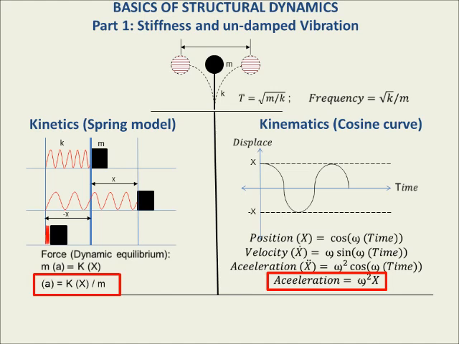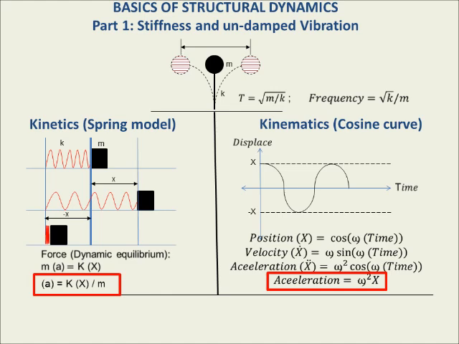Okay, now we have, in terms of kinetics, an equation that says the acceleration is equal to k times x over m, where k is the stiffness, x is the position, the stretched out position, and m is the mass. And on the kinematics graphical side, we have that the acceleration is represented by omega squared x.